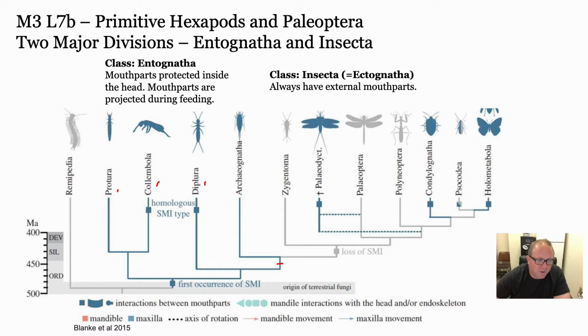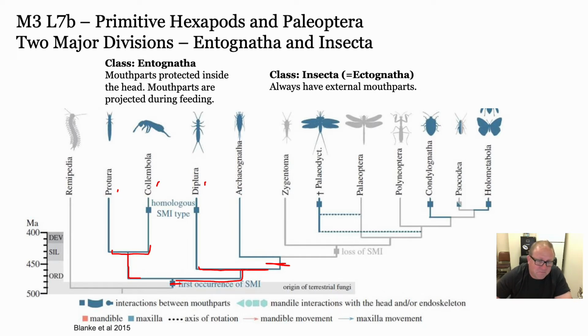So now we reach this point in the tree, right? Here's the hexapods. One branch came this way and branched into the Protura and the Collembola. The other branch came this way. And one speciation branch went to what's going to become the insects, and the other one became the Diplura. Not many Dipleurans.